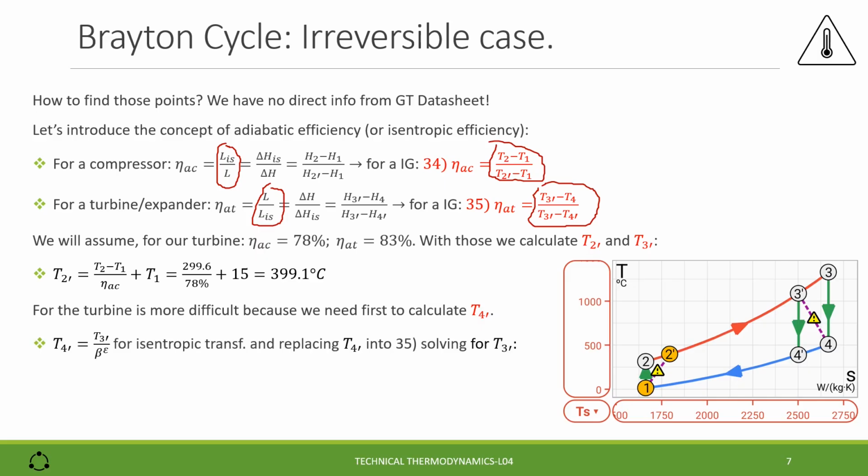T4 prime from the equation of the isentropic transformation is T3 prime over beta to the power epsilon, and replacing T4 prime into the equation 35, solving for T3 prime, we find the expression 36 that says the temperature T3 prime is 1086.8 degrees.